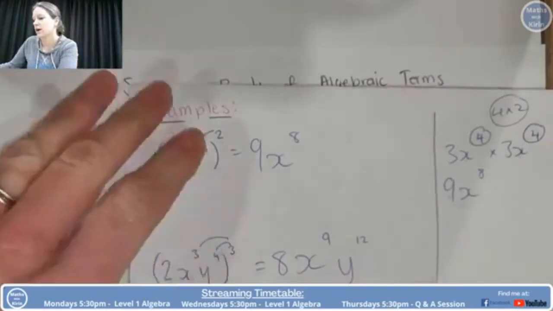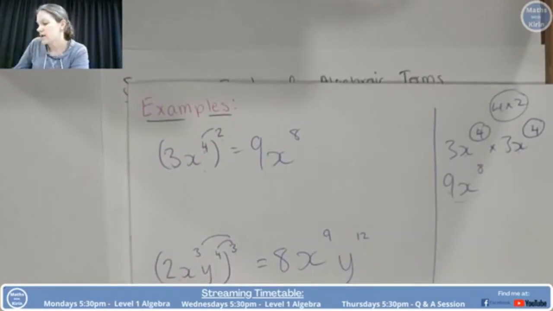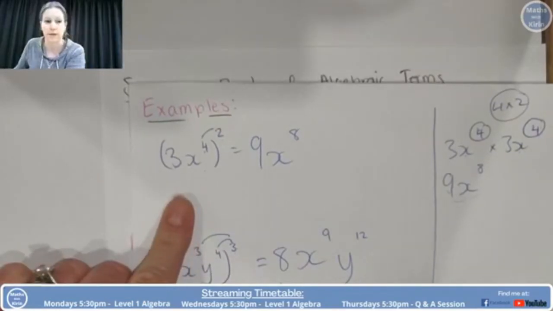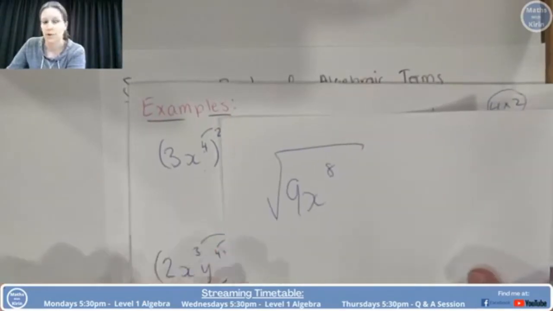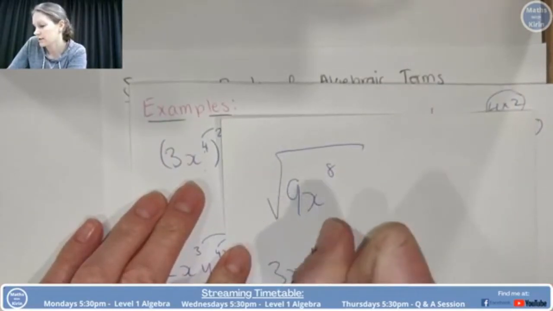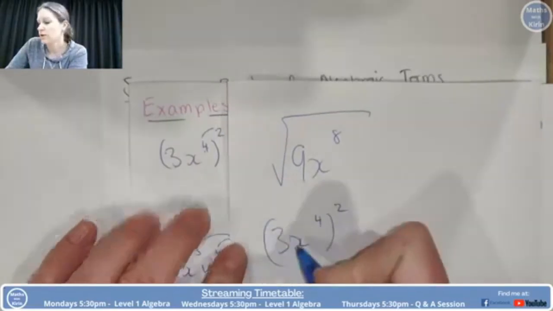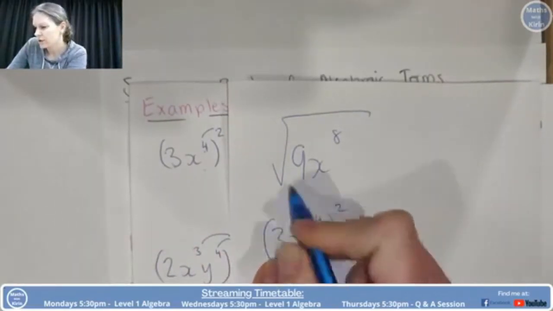So if we take our 9x to the power of 8, okay, and we're going to square root that. Now we already know that came from our 3x to the power of 4 all squared. Okay, so when we squared that, 3 times 3 is 9.